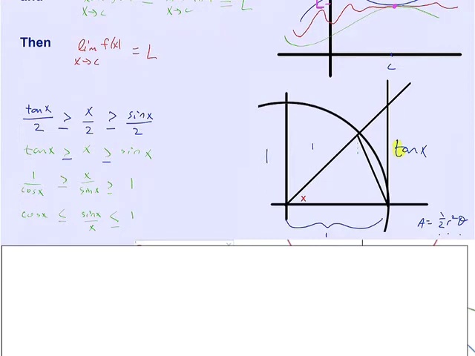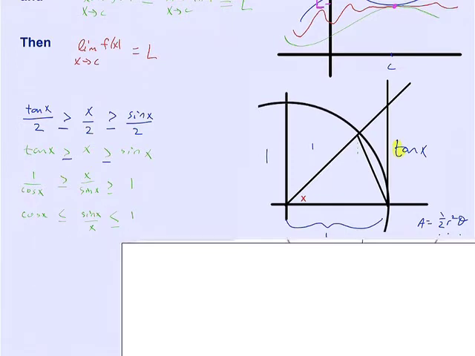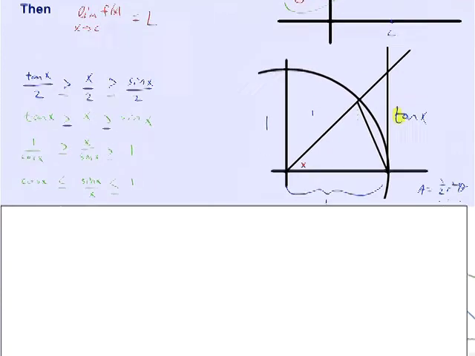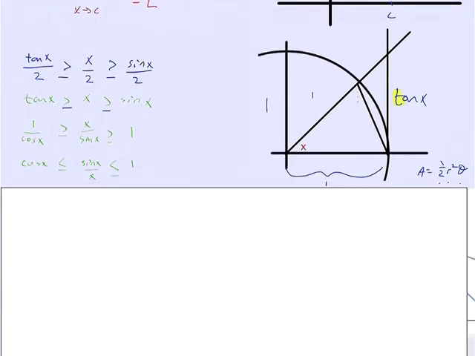Now, at the same time, I'll just use this as my graph. If I look at those functions, let's just look at cosine of x and 1. Cosine of x, we know, looks like this.